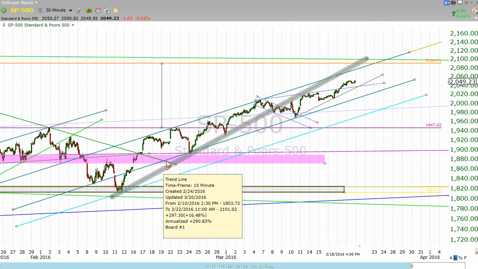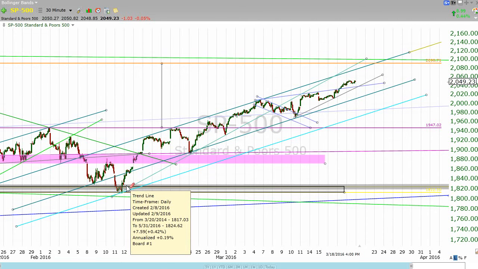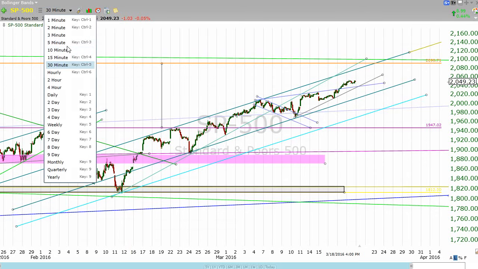But maybe instead of being in a wedge, we're in a channel, and this one dip back here that makes us think maybe a wedge is just something that happened out of range. That's possible. But I'm still keeping this wedge thing on the chart, and here's what we need to watch for this week.